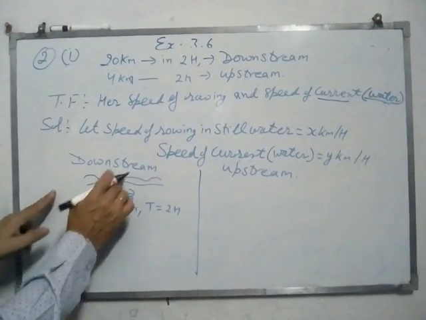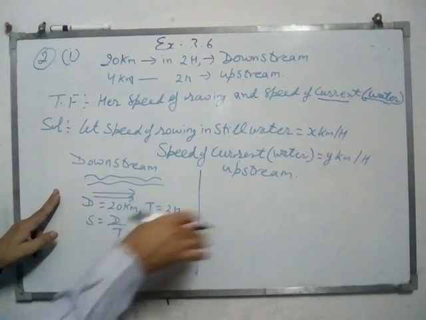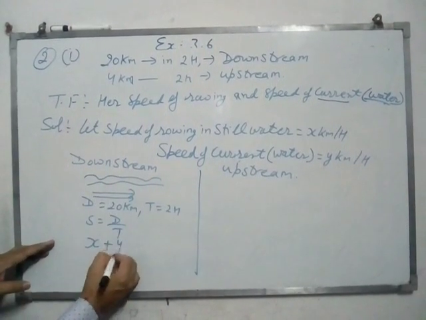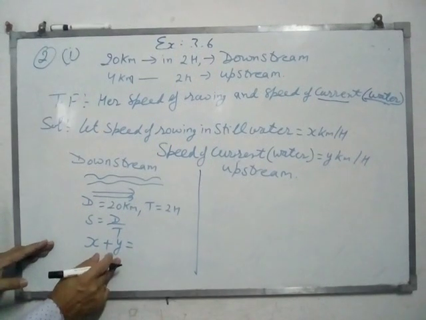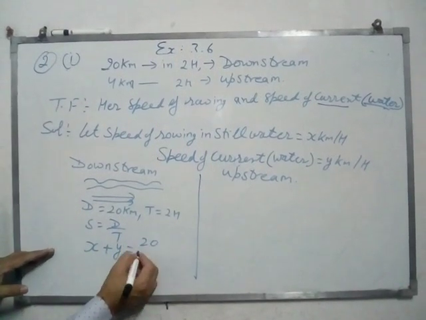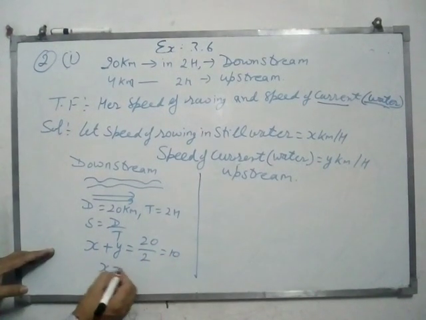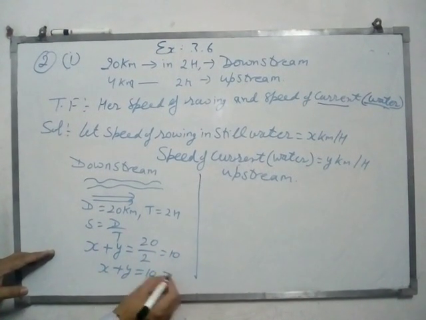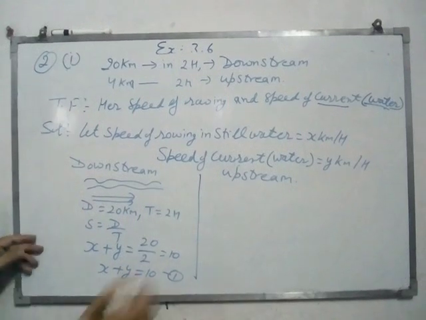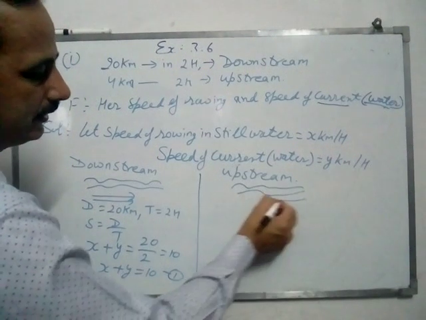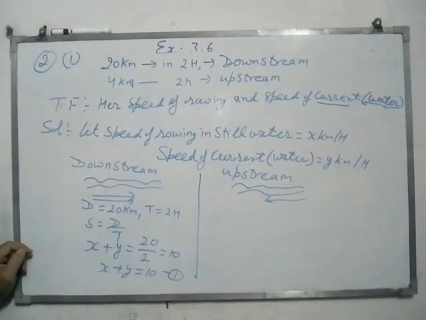When they are moving down the stream, the speeds are added to each other. So x plus y equal to distance upon time, it becomes 10. So x plus y equal to 10. It's the first equation.